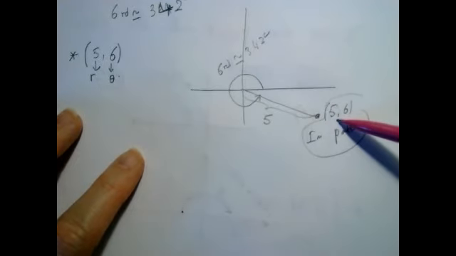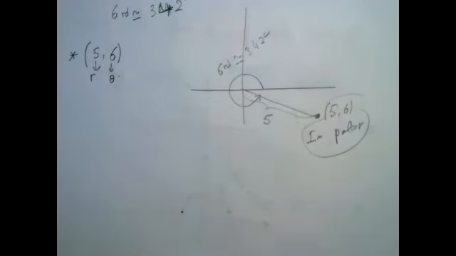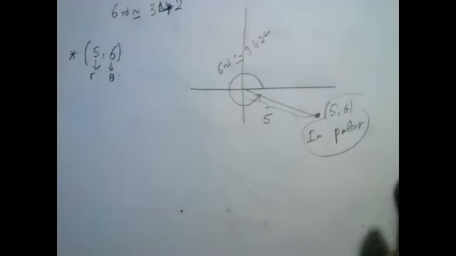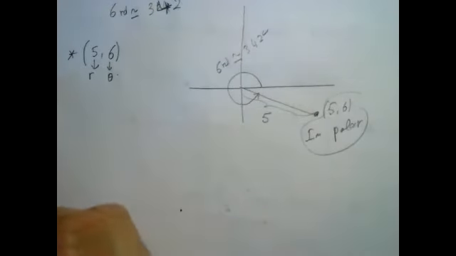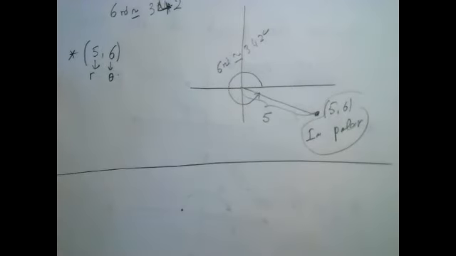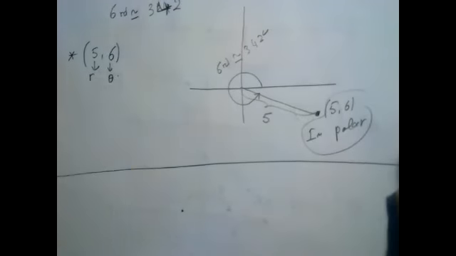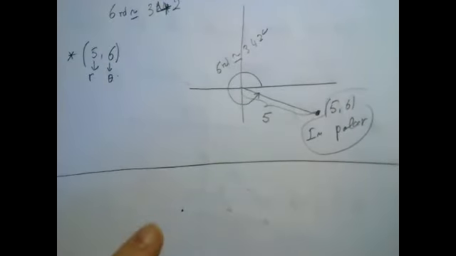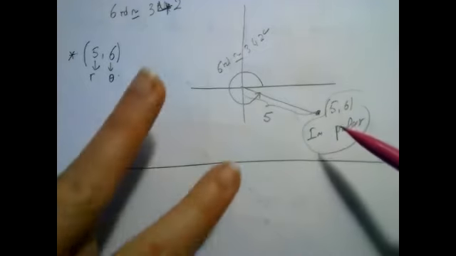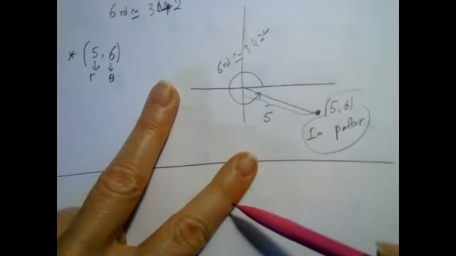The first is how far we are. The second is the angle. Okay, so that's the idea of polar coordinates. Why we use them will be clear, hopefully by the end of this lecture or next time. We will talk about that a little bit later. Now, every point in the plane has 2 sets of coordinates.